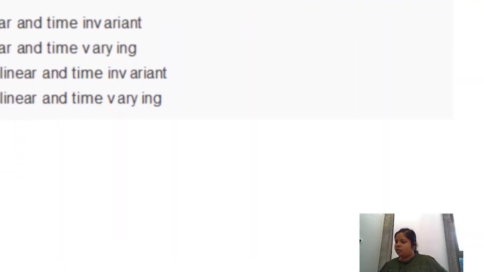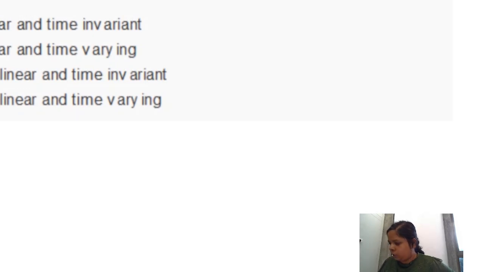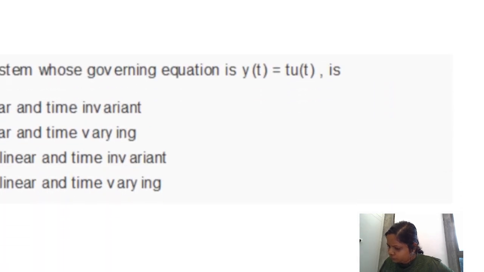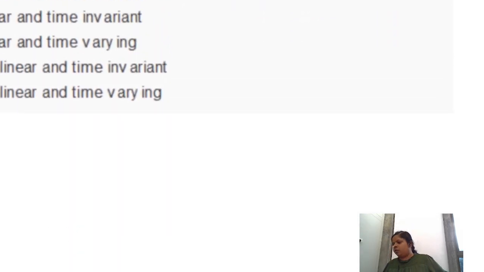Then, a system whose governing equation is y(t) equals t u(t). What are the options? What is the answer here according to you? Linear and time variant, madam. How do you say a system is linear? a times x1(t) plus b times x2(t) gives a times y1(t) plus b times y2(t), madam. Yes, it should follow the superposition principle.